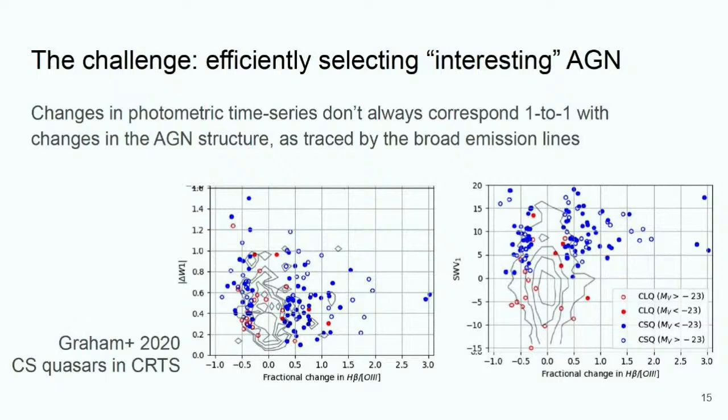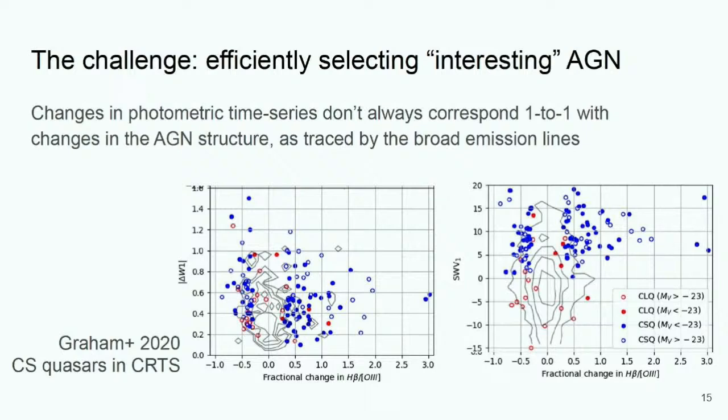So why is this hard? The hard point is that at the moment, we know that changes in photometry are not one-to-one correlated with changes in the spectrum. So this is an example from Matthew Graham's paper in 2020, where effectively the x-axis in both of these plots is the fractional change in the broad H-beta line flux, and the y-axes are a measure of the variability in photometry of the light curve.